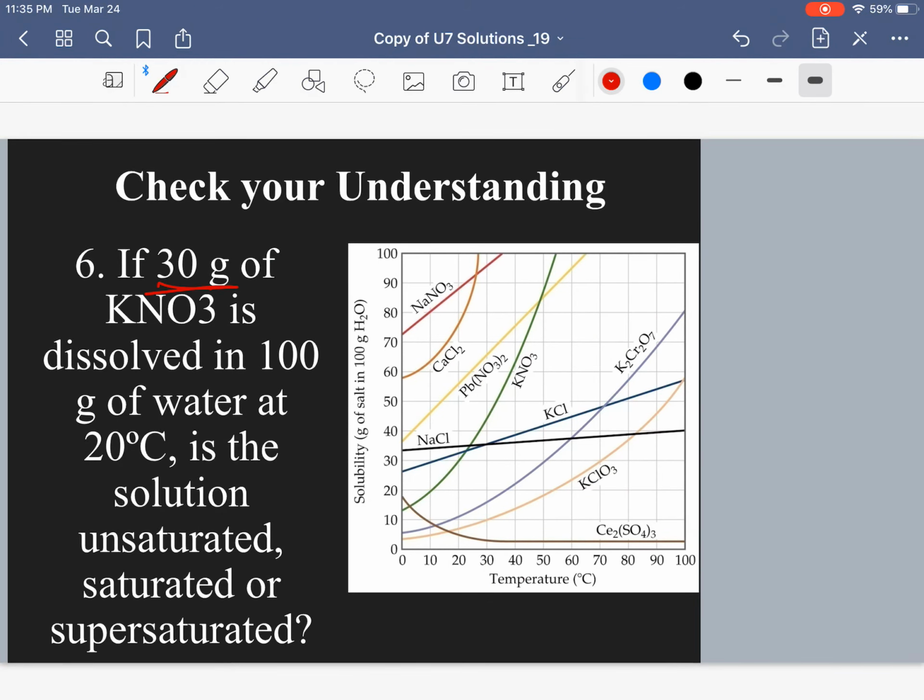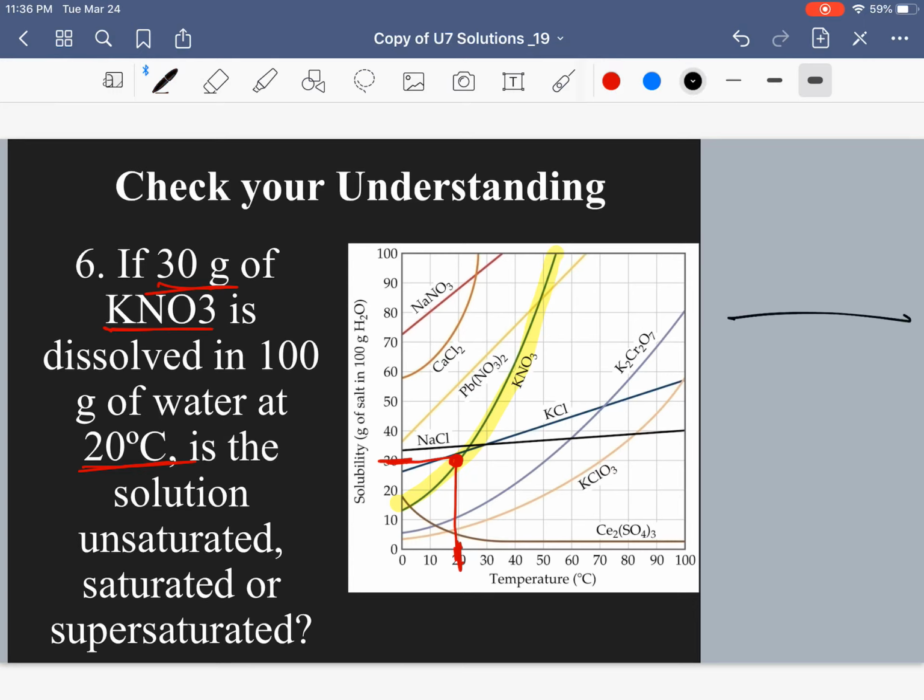All right, number 6, another example. We have 30 grams of KNO3 at 20 degrees Celsius. So let's highlight it. We're talking about KNO3 here. And we have 30 grams at 20 degrees. If I follow those over till they meet, here's my dot. It is again on the line.